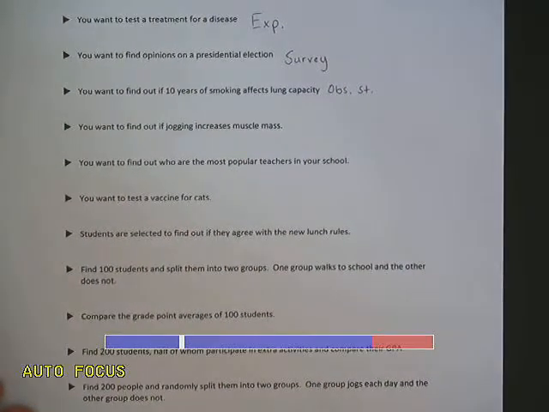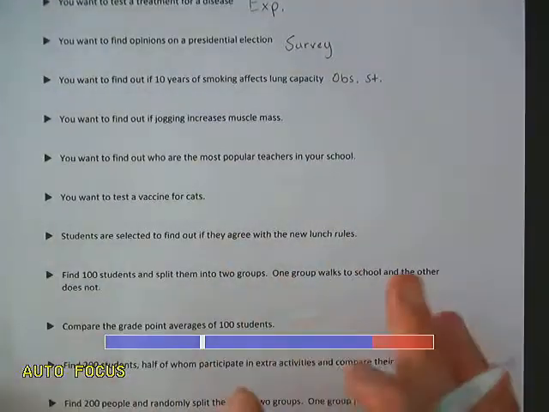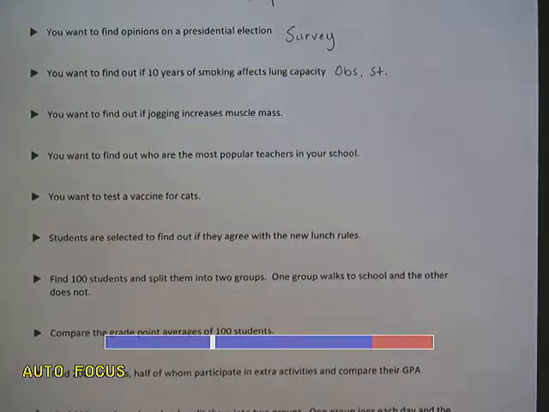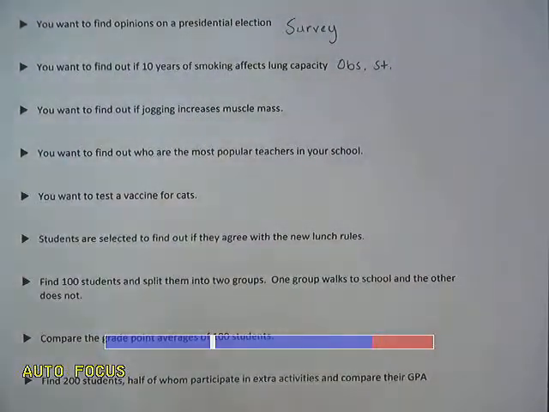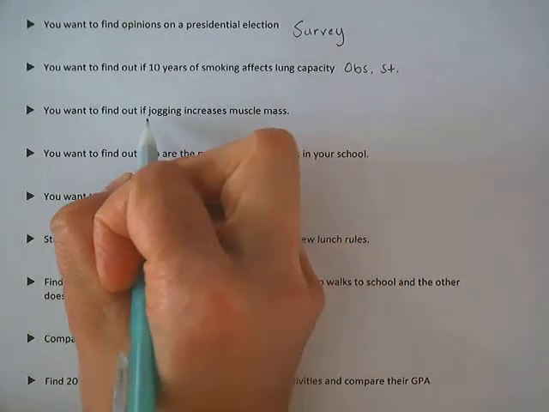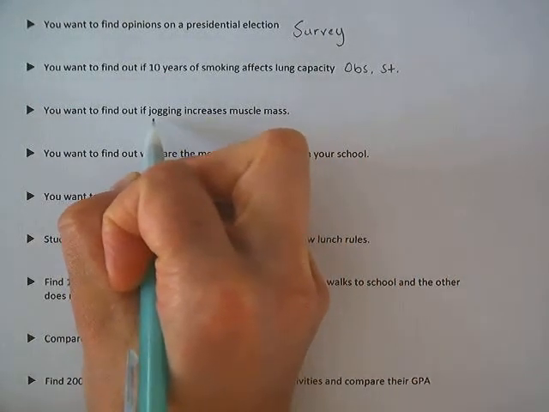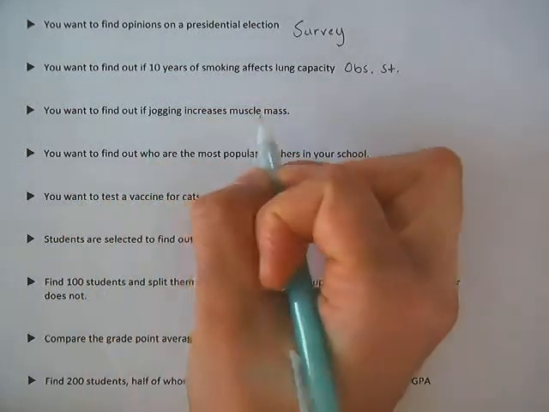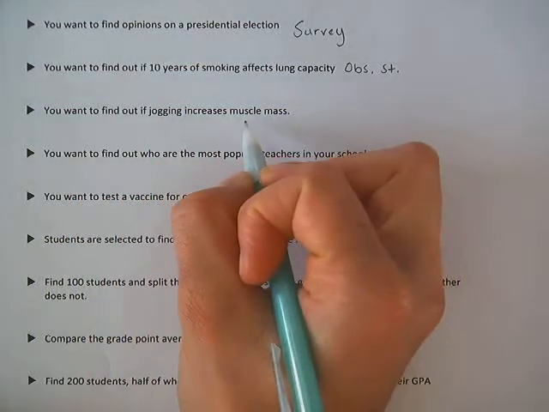The next one says you want to find out if jogging increases muscle mass. With this one, you could actually make people jog. You might have to get volunteers, but you could make people jog. Your treatment would be the jogging, and then your response would be the muscle mass.